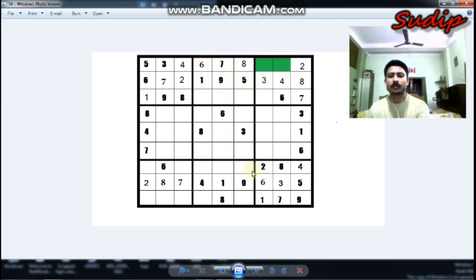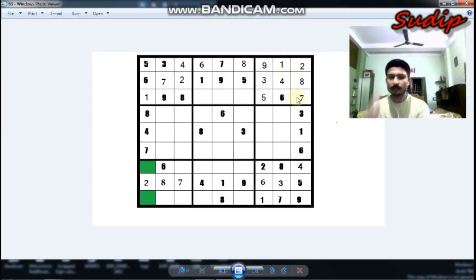Now 1, here will be a 1, and this 1 has occupied this position, so there will be a 1. Now this line has only one thing left, and that is a 9. And now this square has only one thing left, and that is 5.